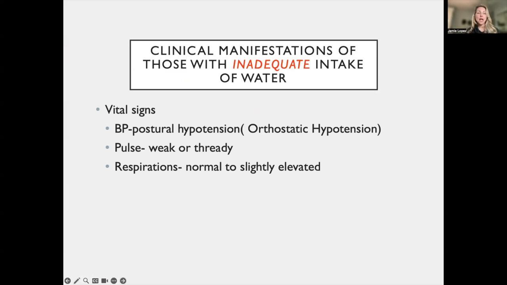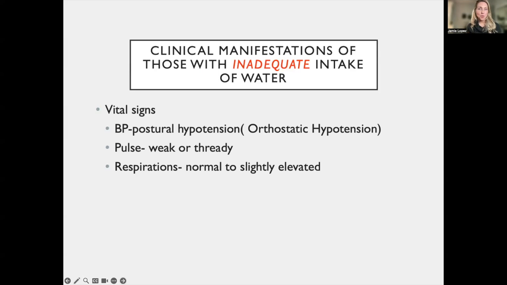And then on the slide here, it says postural hypotension, which is also known as orthostatic hypotension. Hopefully we'll be able to practice this in clinical. What orthostatic hypotension means is that you take your patient's heart rate and blood pressure while they're laying down, then you sit them up and take it again.